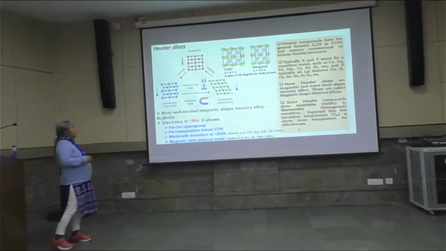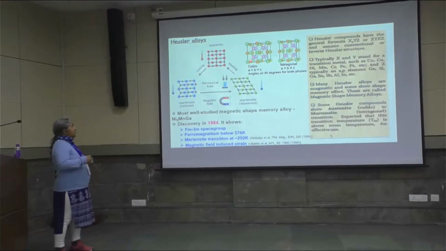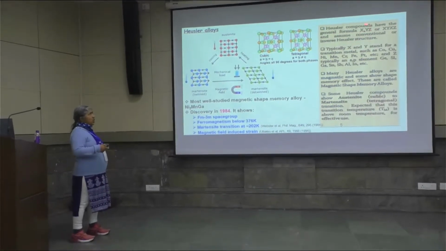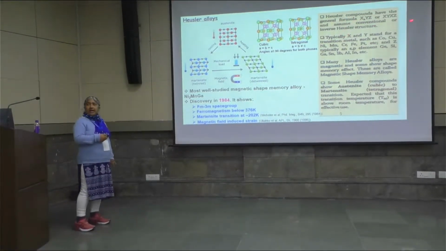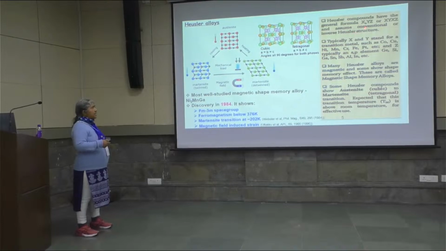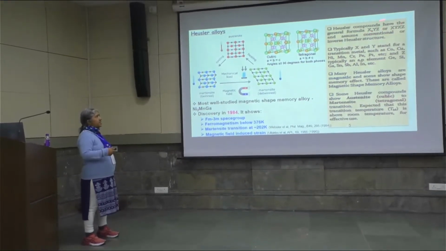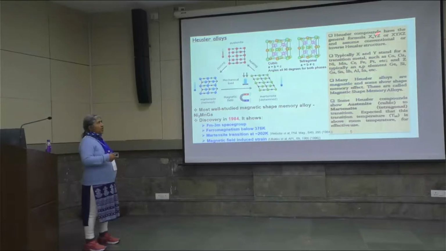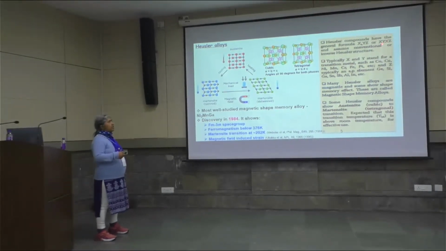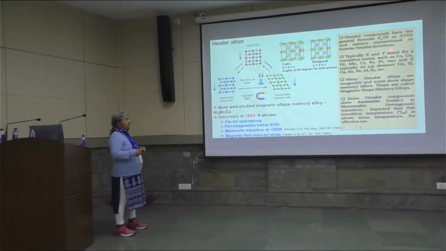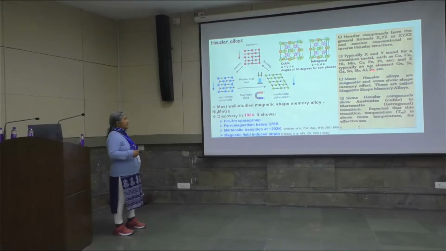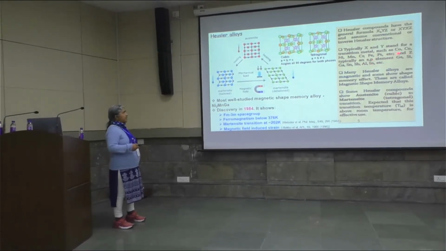So Heusler alloys, just in brief, are of two types, full Heusler alloys and half Heusler alloys. Full Heusler alloys are of the formula X2YZ or XYXZ, and are called conventional structure. This is the inverse structure, and typically X and Y stand for transition metals, and Z elements are the sp elements.